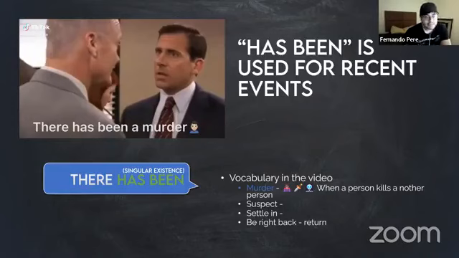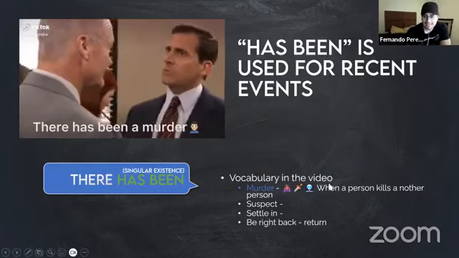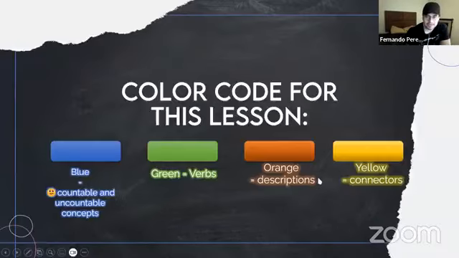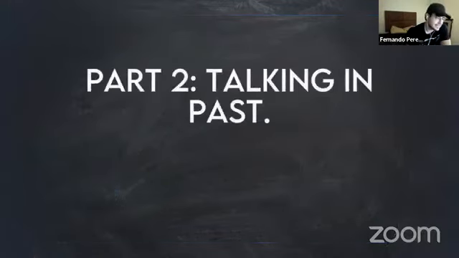Now that we are talking in past, it's important to start the introduction to the next classes. We are going to continue talking in past, and this is going to be something important to consider for the next classes.